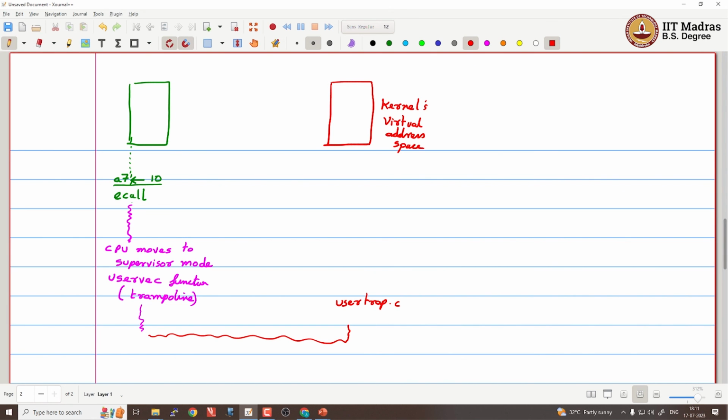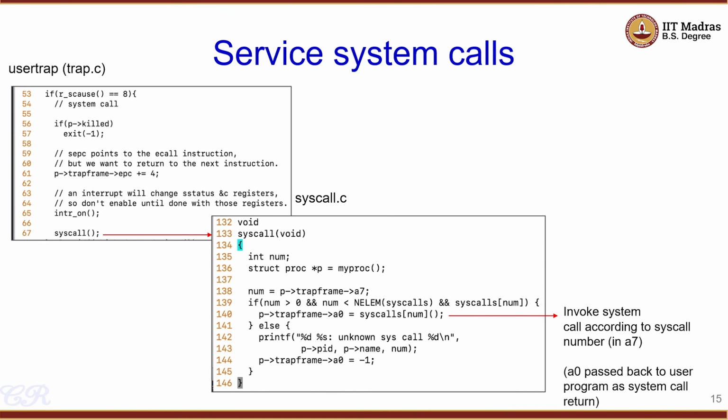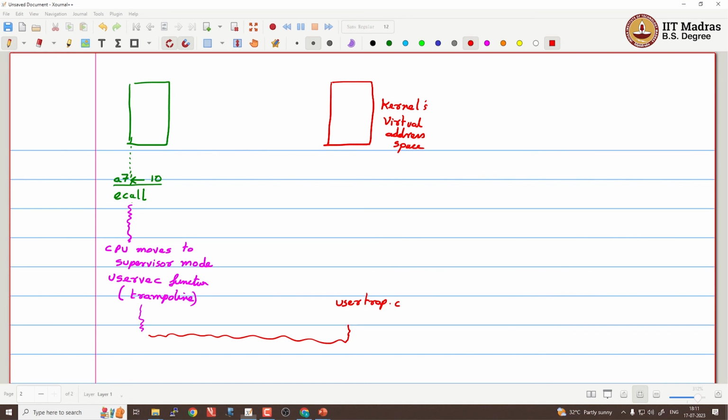The usertrap function would first of all look into the SCAUSE register and identify that the cause for this event was an ecall.